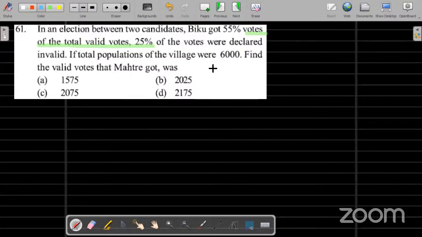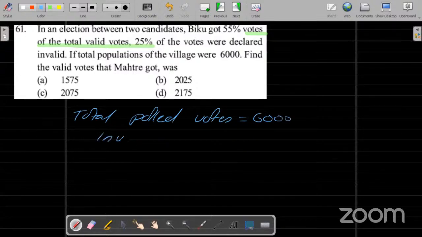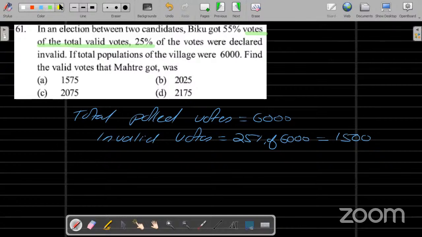If the total polled votes equal 6,000, out of which 25% is invalid, so invalid votes equal 25% of 6,000. That is 1/4 of 6,000, which is 1,500. So the number of valid votes is 6,000 minus 1,500.